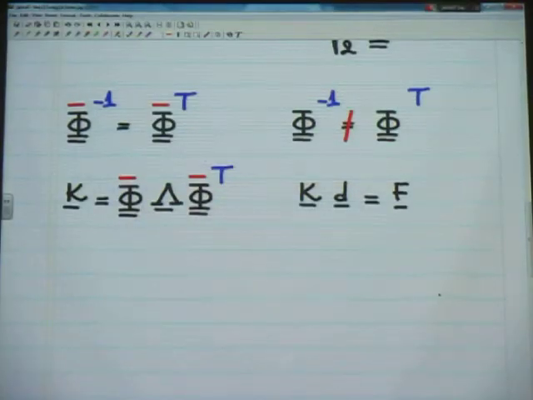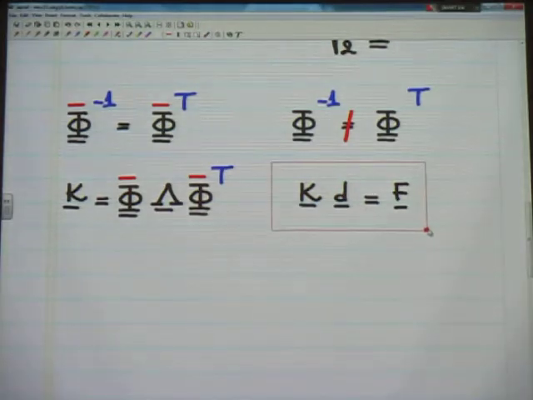So here is how you do it, and this is directly in preparation for the next lecture notes. What you do is you replace K by its decomposed form.